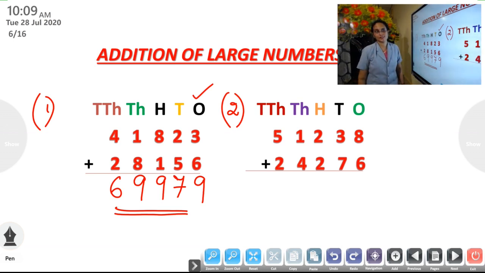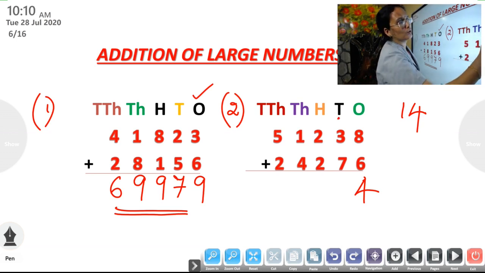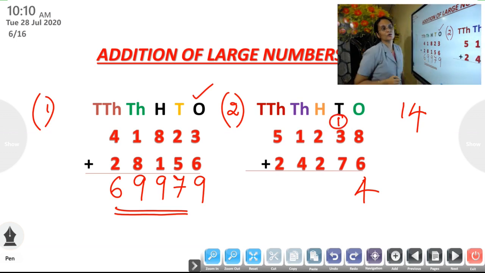So 8 plus 6 you are getting 14. So in 14, what you can write? You can write only the ones digit there. You can write only 4 there. So where will you write this one? Yes, you know that this one is the carryover. And carryover you write in the tens place. 8 plus 6 is 14. Carryover 1 in the tens place.